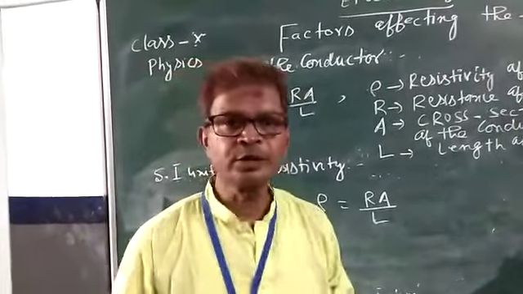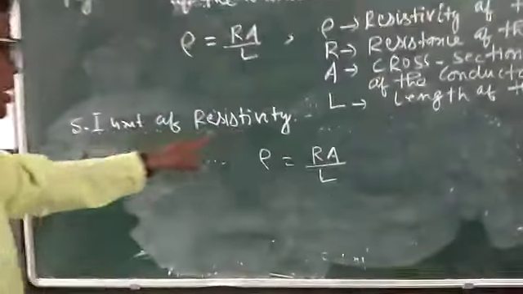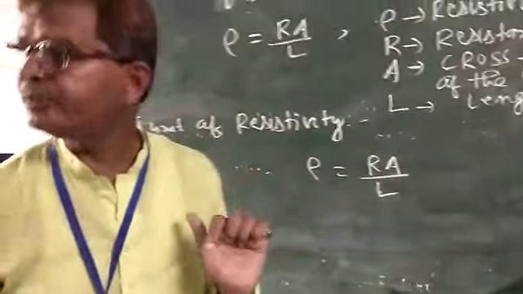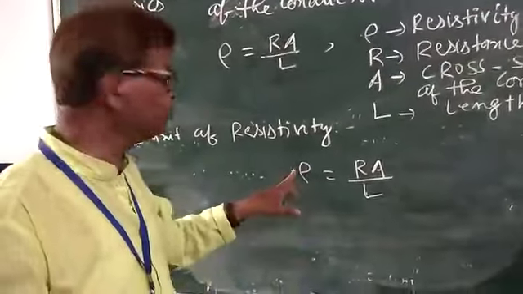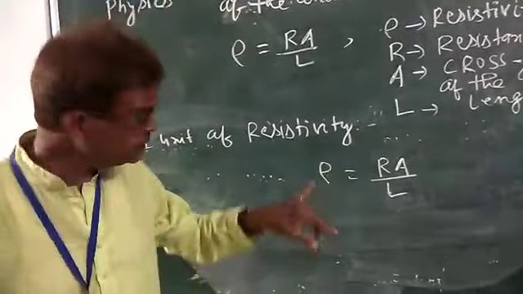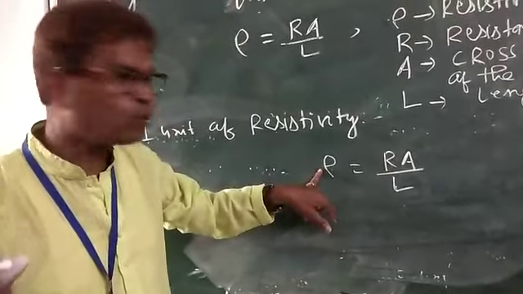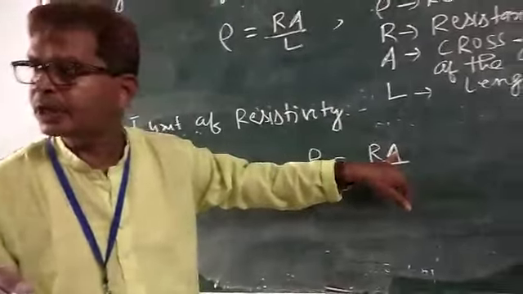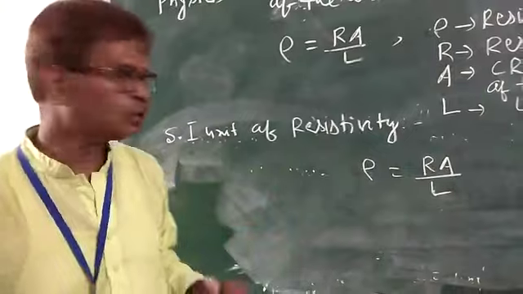Students, now we are going to have the SI unit of resistivity. By writing the expression of resistivity, you may get the SI unit easily. Rho equals R A by L, where R is the resistance of the conductor, A is the cross-sectional area of the conductor, and L is the length of the conductor.